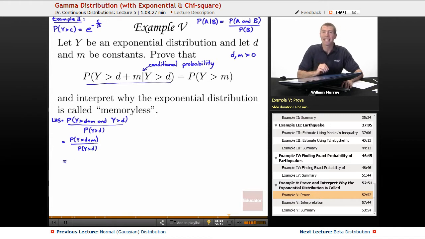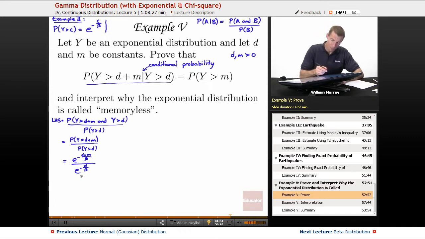So we can calculate each one of those, and we're going to use this result from example 2. That's e to the negative, now our c here is d plus m, so d plus m divided by beta, all divided by e to the negative d over beta. So we have a fraction of exponents here.